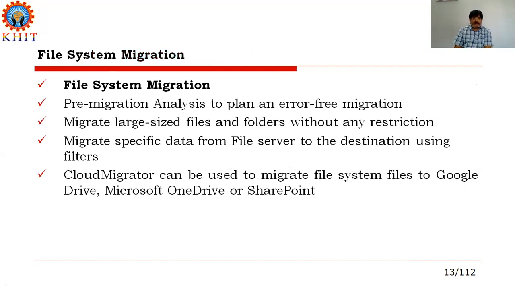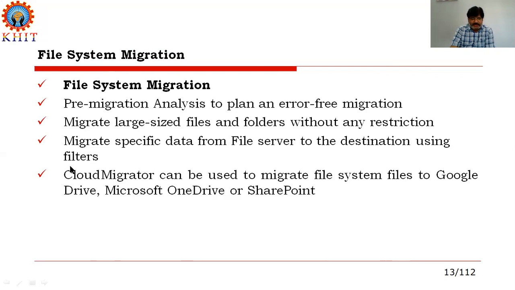Next we go for file system migration. Moving the file system from one service provider to another service provider automatically is called file service migration. There are various file service management tools or clouds available in the market. One of the familiar ones is Cloud Migrator.